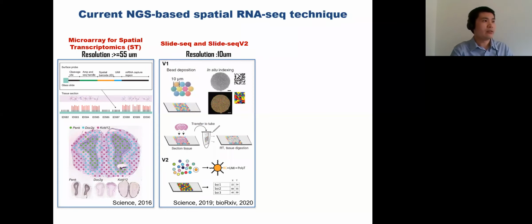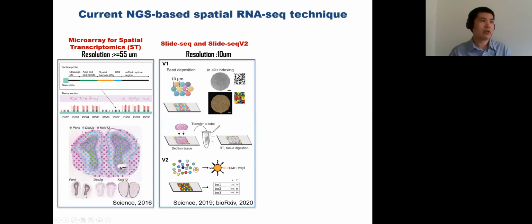A second technology I want to introduce here is Slide-seq technology, about 3 years after the 2016 technology. The whole process is quite similar, but they have a different way to prepare the spot arrays. In order to reduce the spot size, which is pretty hard for spotting technologies nowadays, they use beads. You can control the size of the beads by choosing different sizes. Here they use 10 micron.